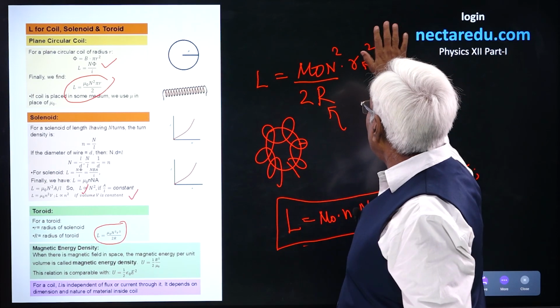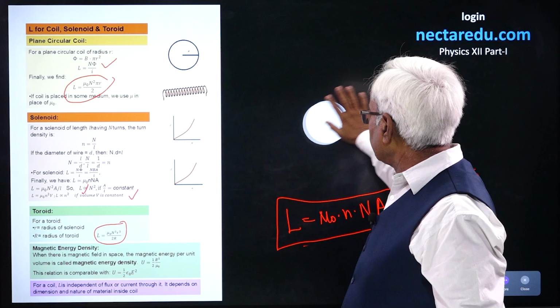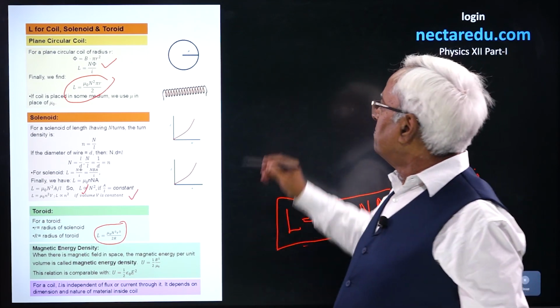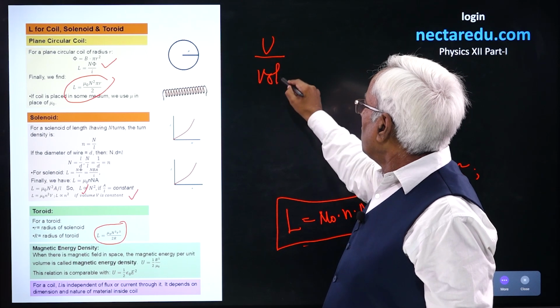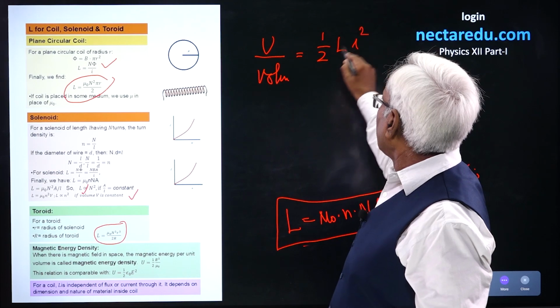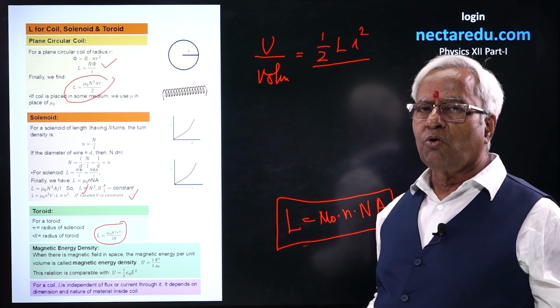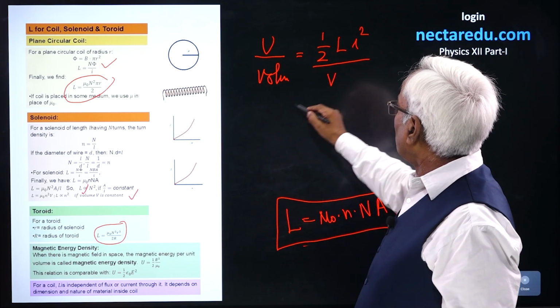One very important formula we have to find out, that is the formula for magnetic energy density. Magnetic energy density means the energy per unit volume. Energy for solenoid or even for the coil will be half L i square divided by the volume.